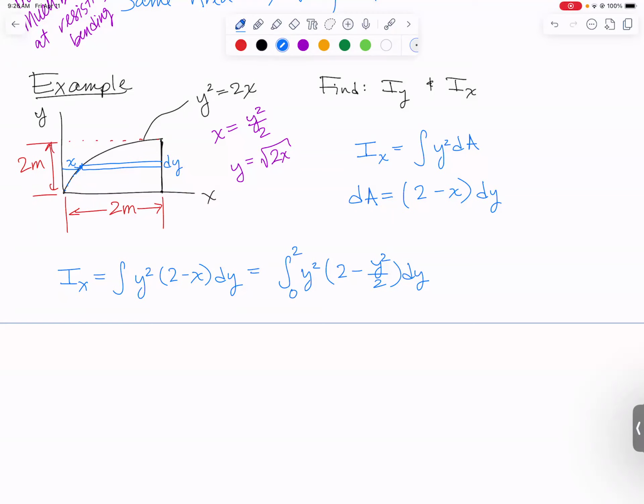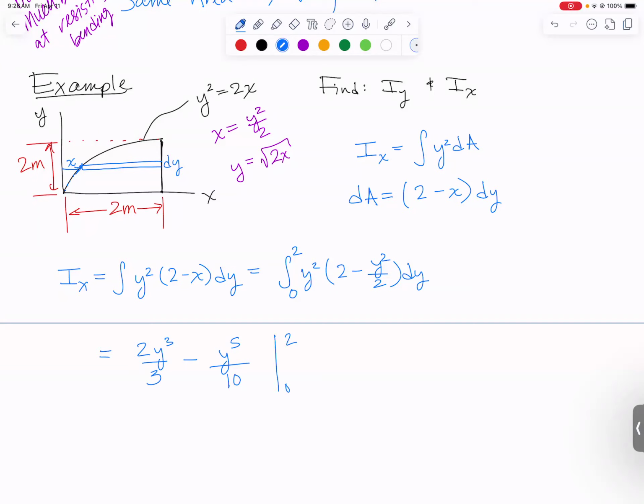At this point, I am perfectly fine for my class for you to just toss this into your calculator and let the calculator do the numerical integral for you. The 2y squared is going to become 2y cubed over 3 when we integrate. And the y squared times the y squared, that's y to the 4th over 2. So that's going to become minus y to the 5th over 5, and we've also got a 2, so the 2 times 5 becomes a 10 in the denominator.